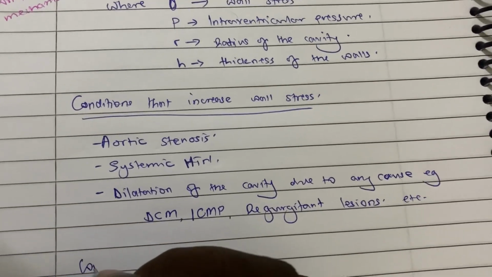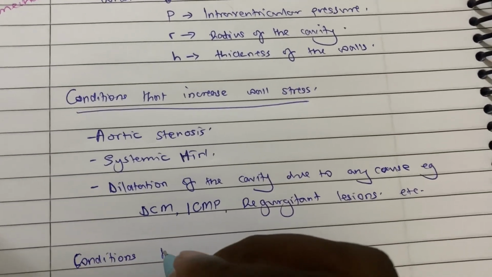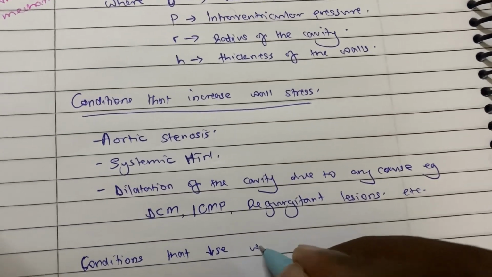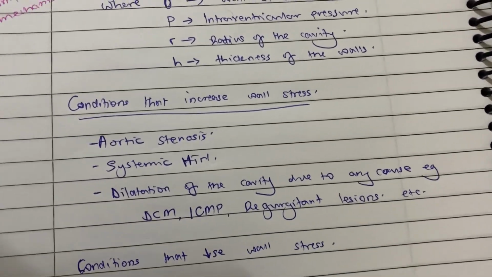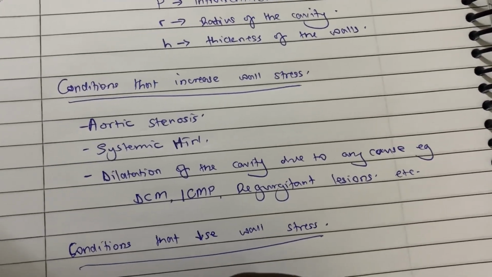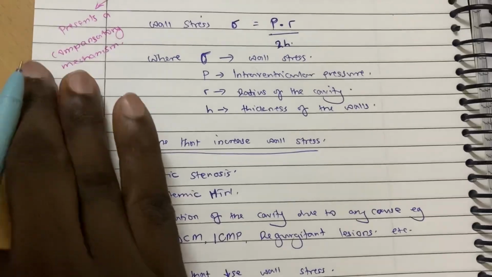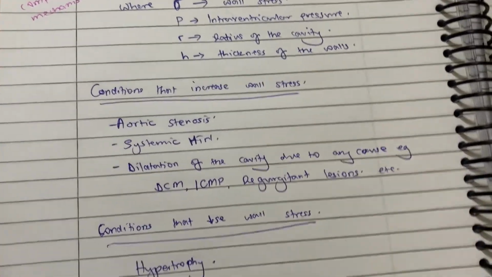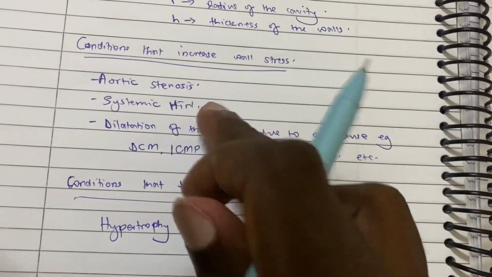Conditions that decrease wall stress: hypertrophy. I've told you this presents a compensatory mechanism. So hypertrophy is a compensatory mechanism to aortic stenosis and systemic hypertension.